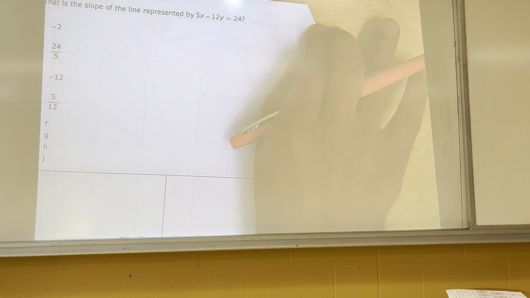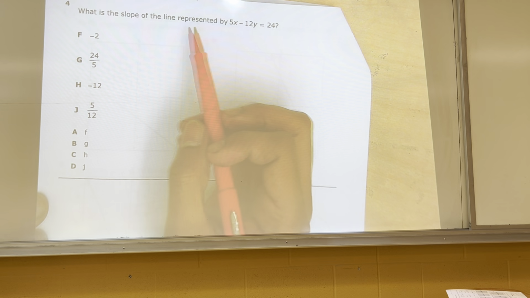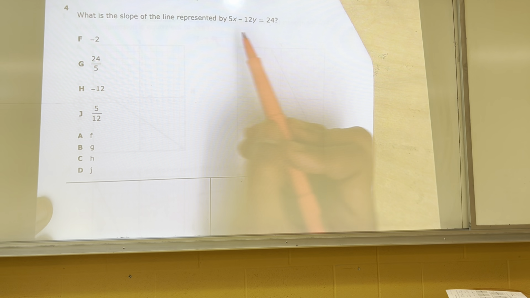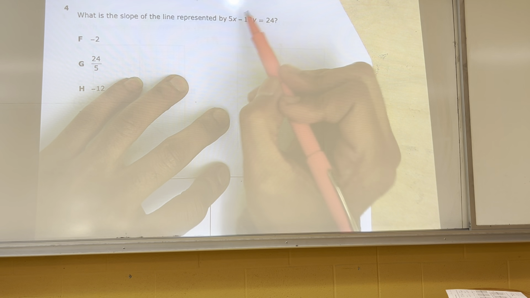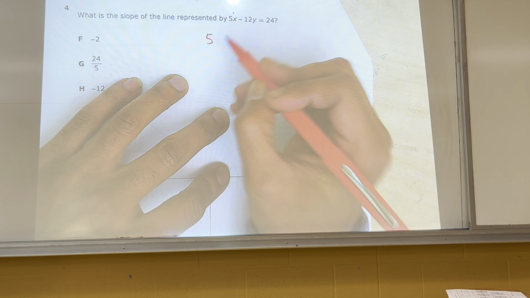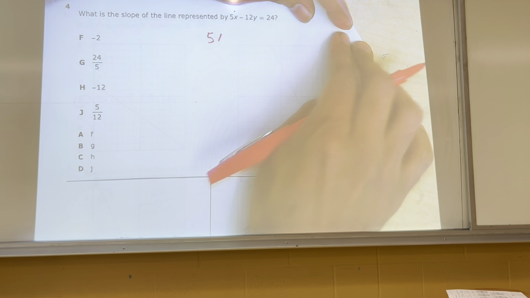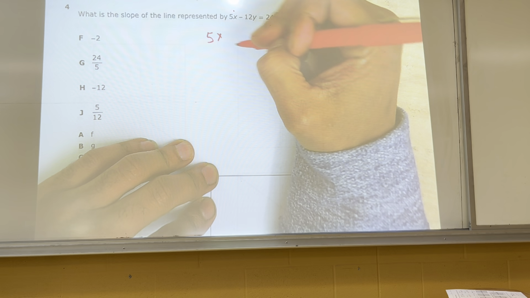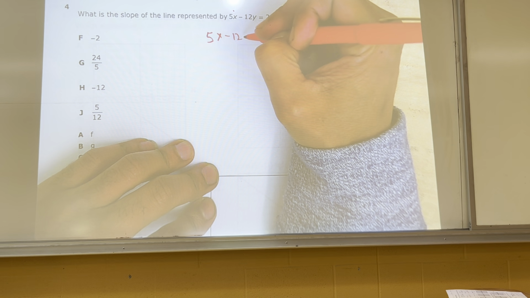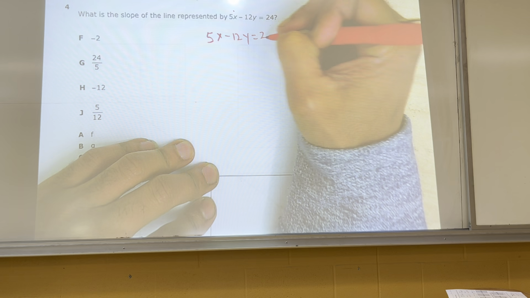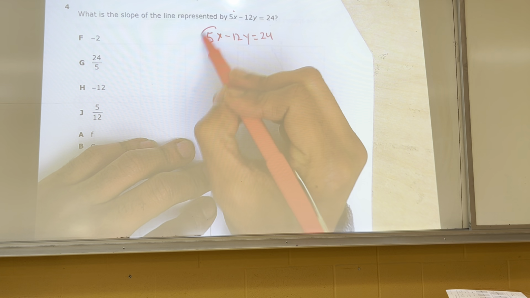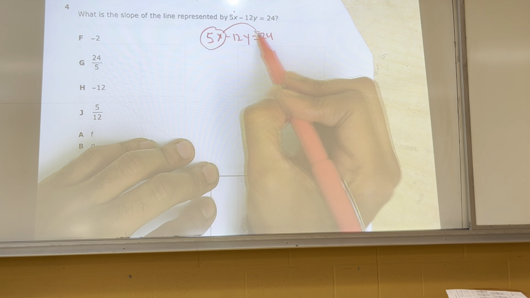4. What is the slope? Well, I can't tell the slope because it's not in slope-intercept form. It's not as easy. So I'm going to go ahead and write this again. 5x minus 12y equals 24. Getting the slope-intercept form, I'll move this over here.